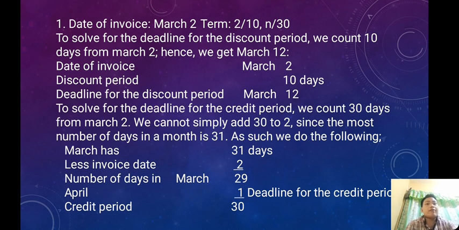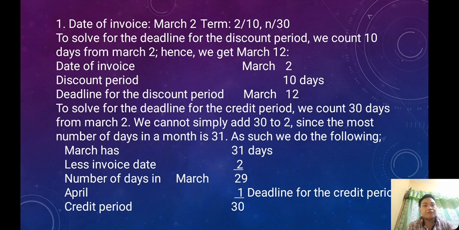The term is 2/10, n/30. To solve for the deadline for the discount period, we count 10 days from March 2. Hence we get March 12. So the date of invoice, March 2, plus the discount period of 10 days. The deadline for the discount period is March 12.